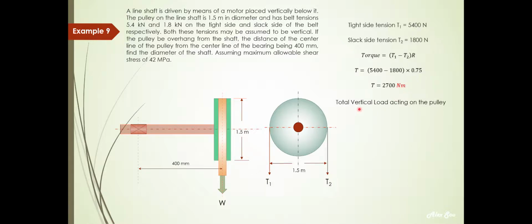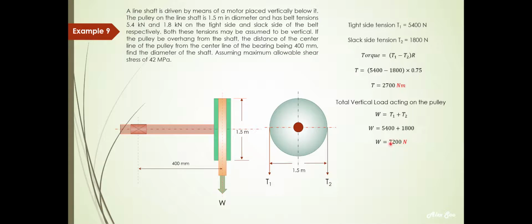So the total vertical load W, when you refer to the side view of the pulley: T1 and T2 are both forces acting vertically downwards here. So based on T1 and T2, you get the total load acting on the pulley. You take T1 plus T2, which equals 7,200 newton.